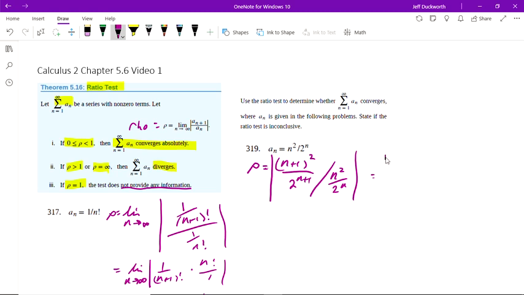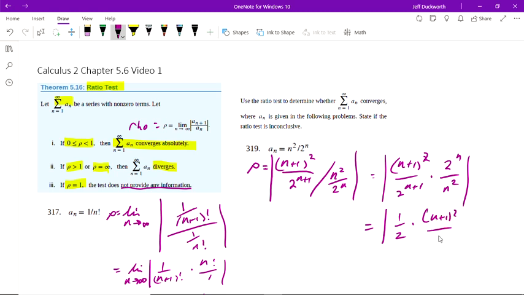Well, this equals (n plus 1) squared over 2 to the n plus 1 times 2 to the n over n squared. Well, the 2 to the n over 2 to the n plus 1 is just 1/2. So this is going to be 1/2 times (n plus 1) squared over n squared.